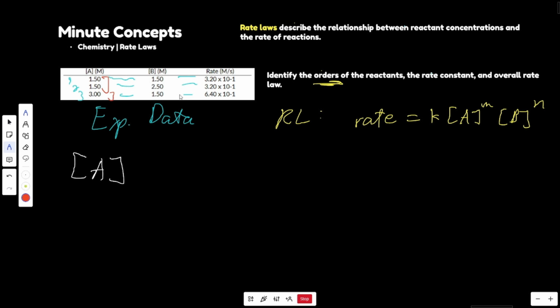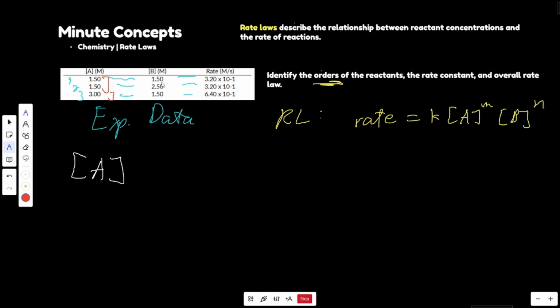Why does that matter? Well, we want to isolate the relation of the change of rate to only one reactant. So we need to look for a pair of trials where only reactant A's concentration is changing.